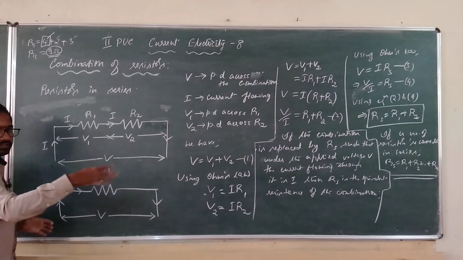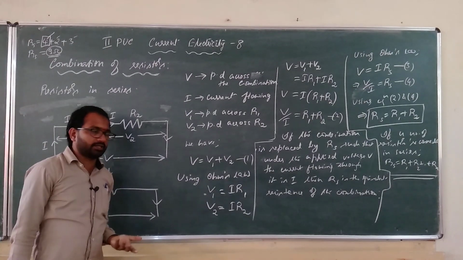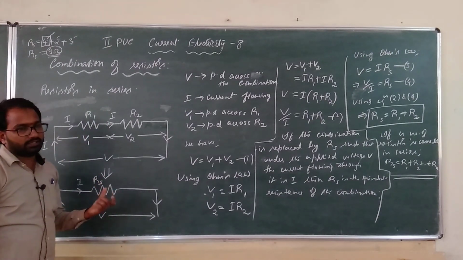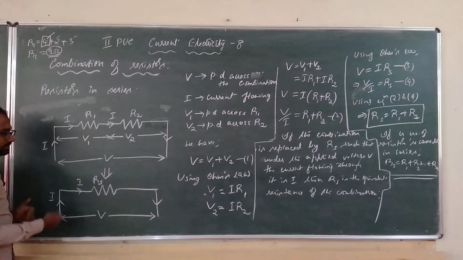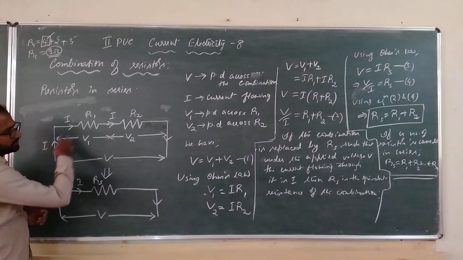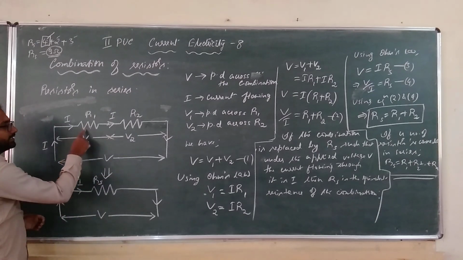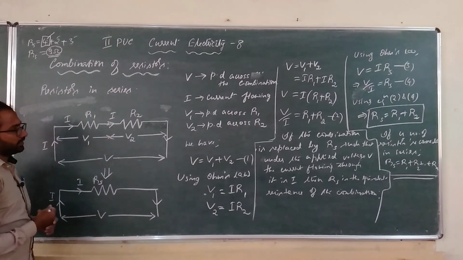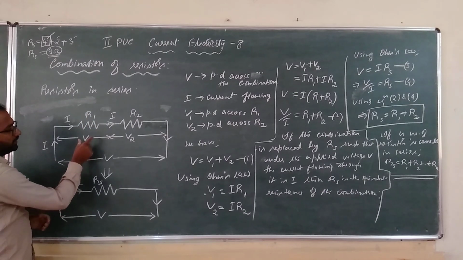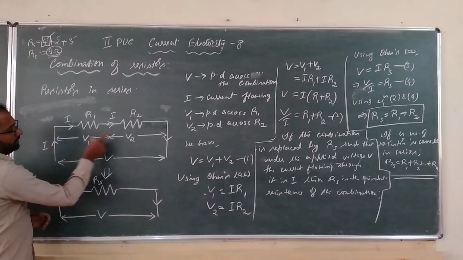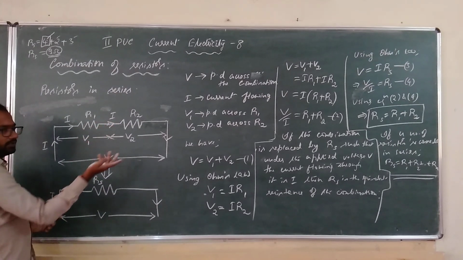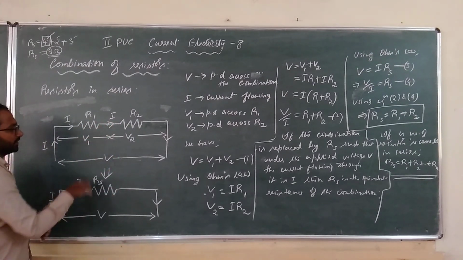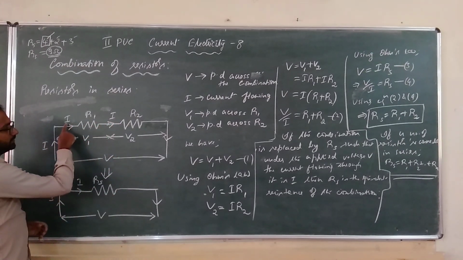Just like when capacitors are connected in series, the charge in each capacitor is the same in series combination. Similarly, in case of resistors connected in series, current is the same through each resistor. Current is the same, voltage is different if resistances are different. If resistances are the same, then voltage across each resistor is also the same.